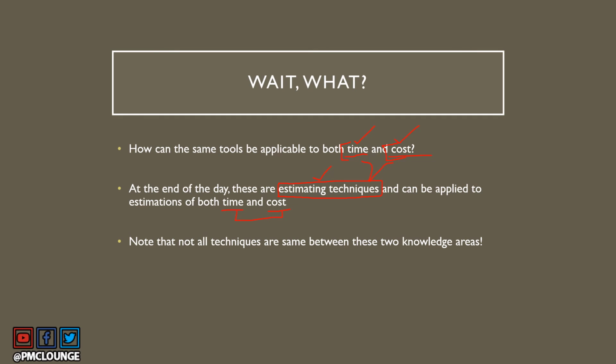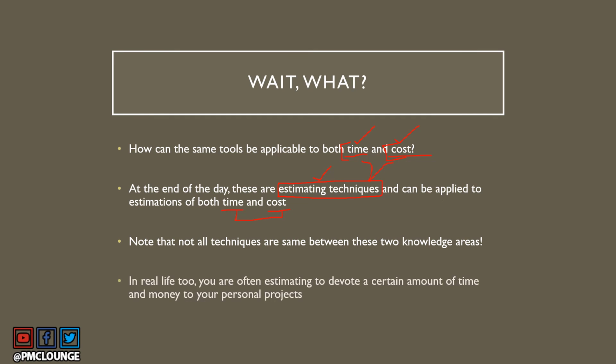And like I said, I'll give you an example of why we are using similar techniques, and that is in your real life. Let's say you are planning a project. Let's say you want to renovate the kitchen. What do you think about? You think about the certain amount of time it is going to take, so that you know how long you have to order food from outside because your kitchen is under renovation, right?